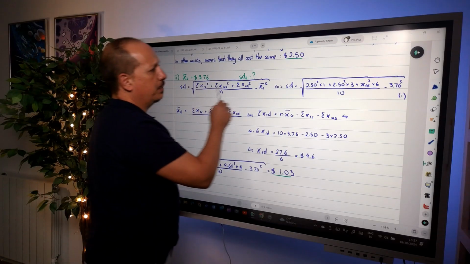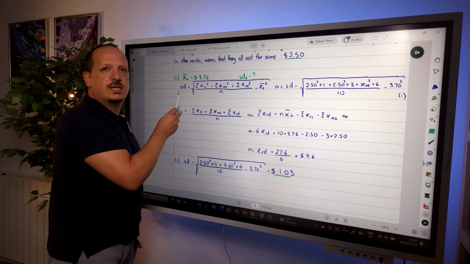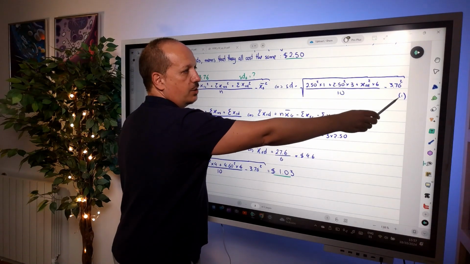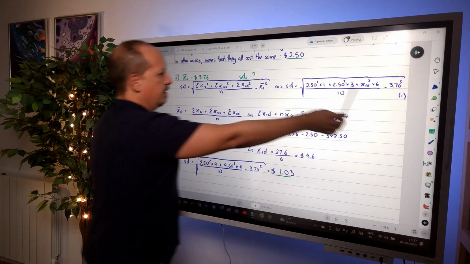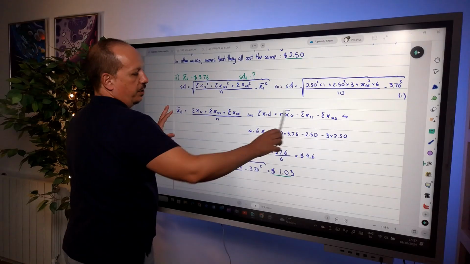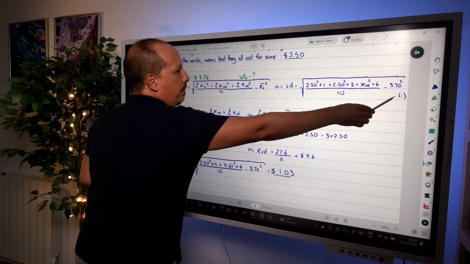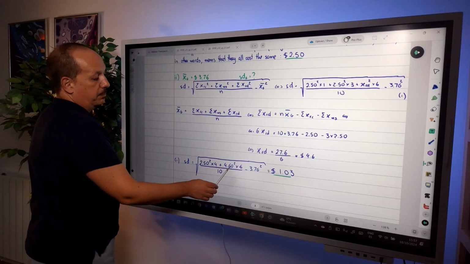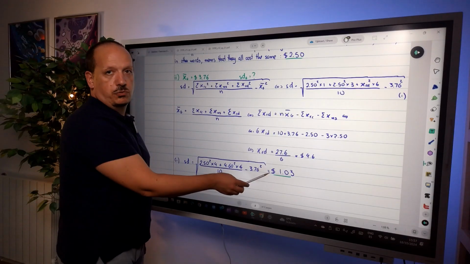I started by explaining how I intend to get the standard deviation. I got into a problem, so I stopped there, and that's what this one means. This means that I'm going to try to get something else, which is that value over here. I got it, and then I pick up that formula where I left it. I plug in the new value, and I get the final result.